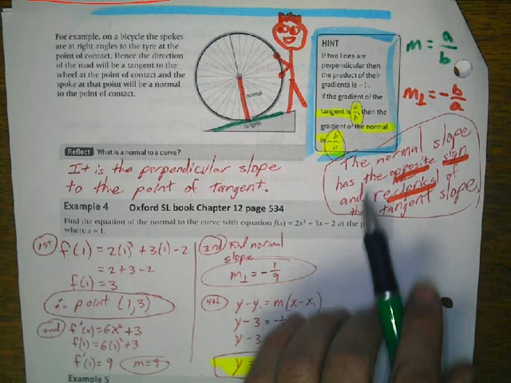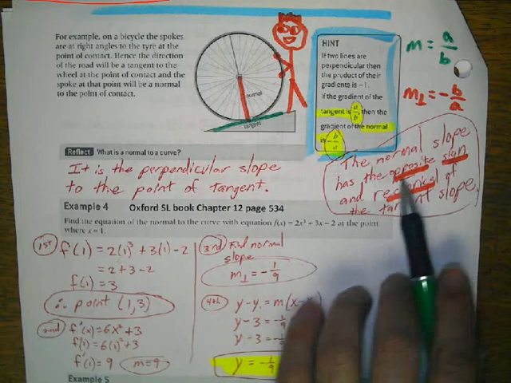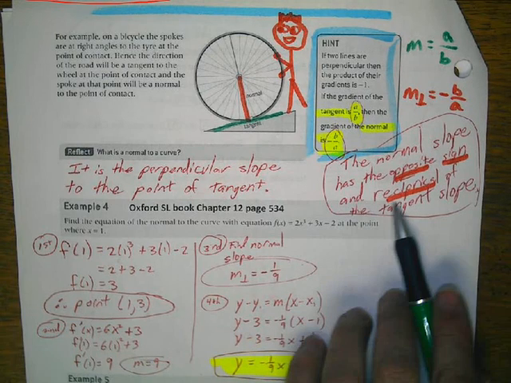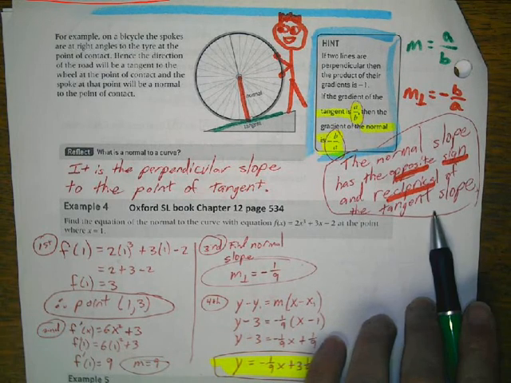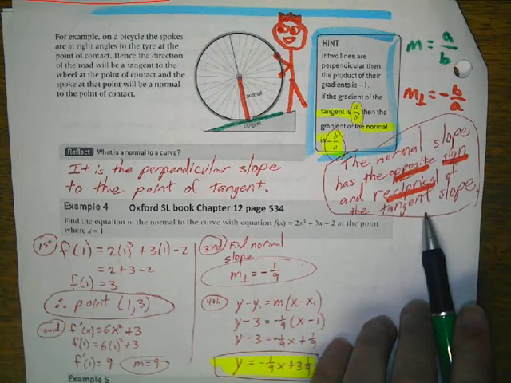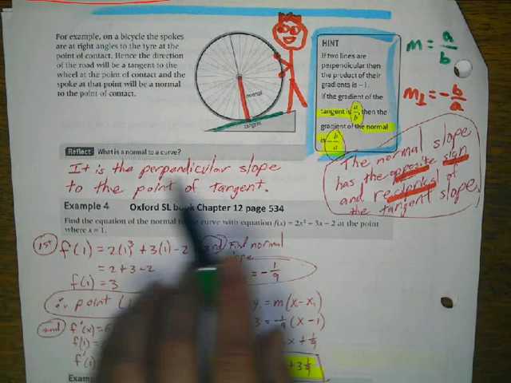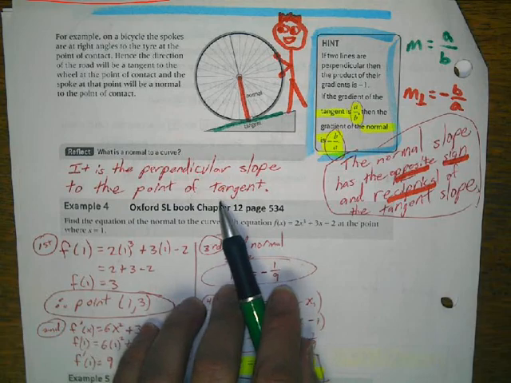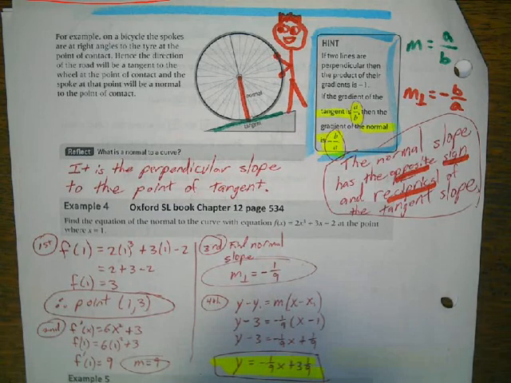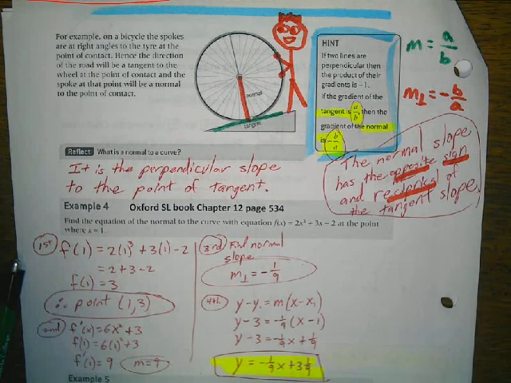So the normal slope has an opposite sign and is the reciprocal of the tangent. You probably want to write this down. So what is the normal to a curve? It's a perpendicular slope to the point of tangent. Okay, you might want to hit pause and copy that down.